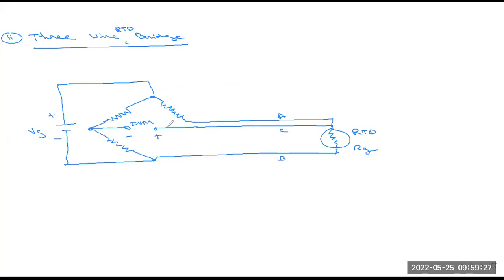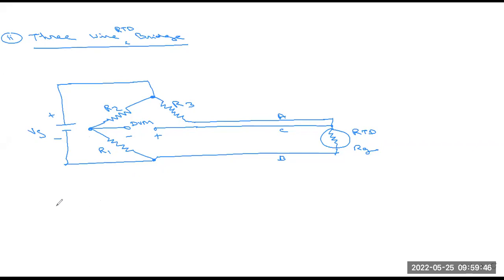When we use these three-wire RTD circuits, we have to calculate the output. I have given the numbers also: this is R1, R2, and R3.